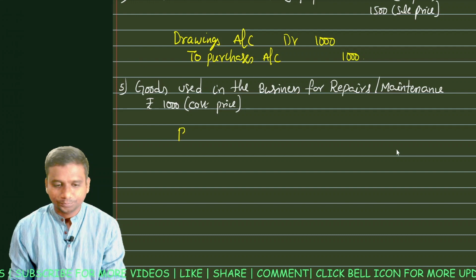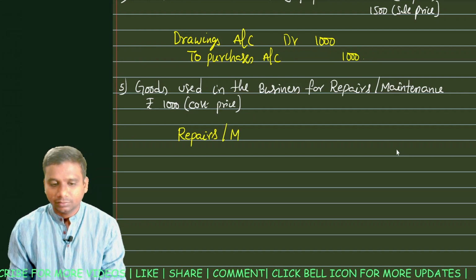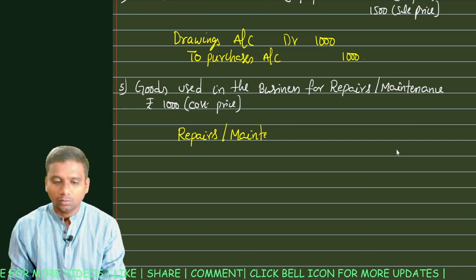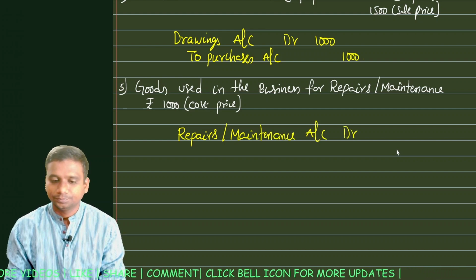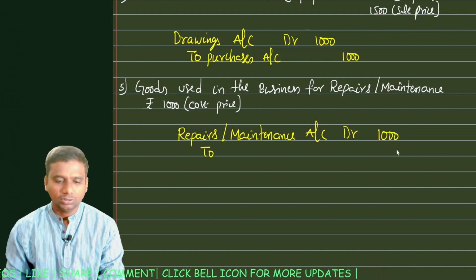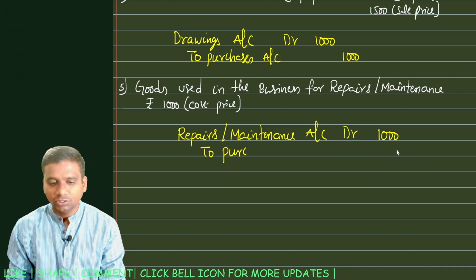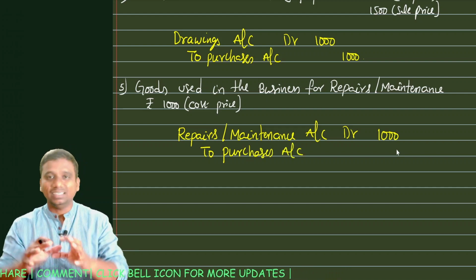Look at repairs or maintenance account to debit, how much? 1000. Because of this also our purchase cost of goods gets decreased.